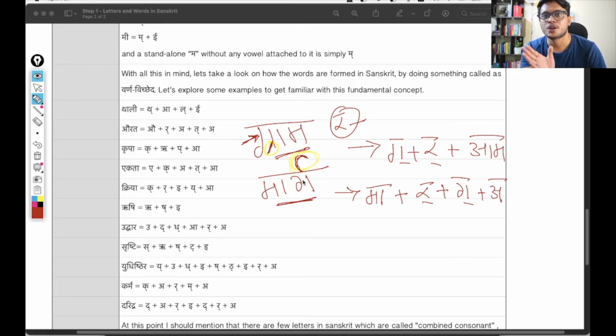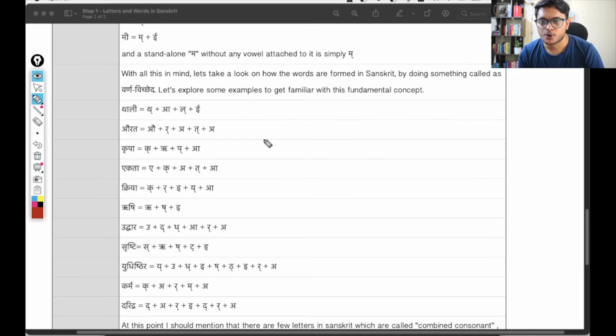And once you know this, you can always pronounce them correctly. So how do you pronounce this word then? You pronounce this as gram. First G comes, then R comes. First ga comes, then ra comes. Gram. And how do you pronounce this word? You pronounce it as marg, because this means there is a ra before this consonant.